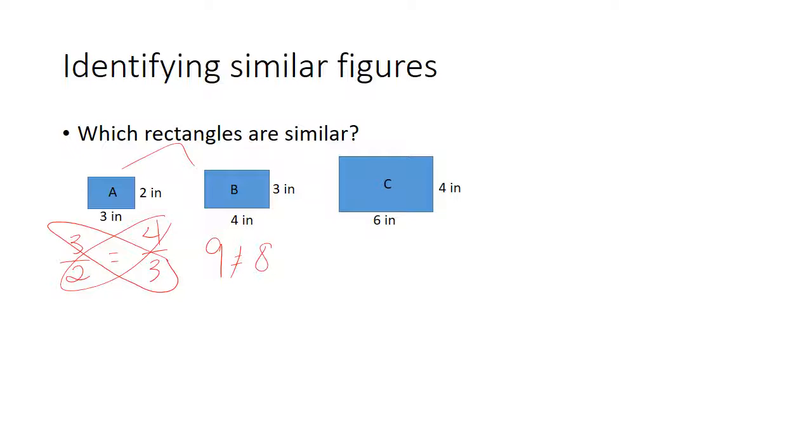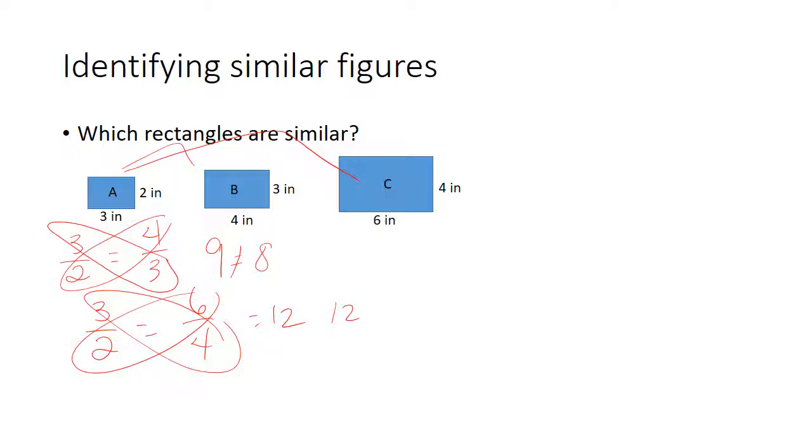Let's check A and C. Let's do the same thing. We've got a 3 to a 2, which would have to be a 6 to a 4. Cross multiply, we've got a 12 and a 12. Those are equal, so A and C are similar.